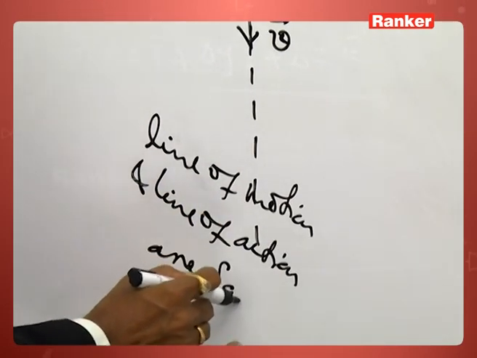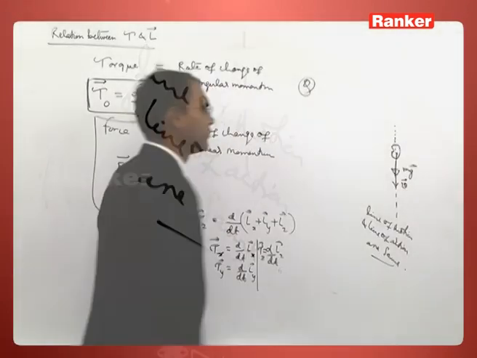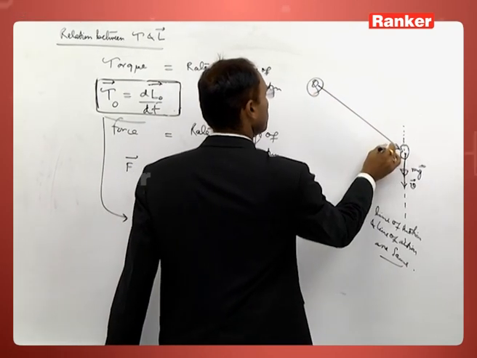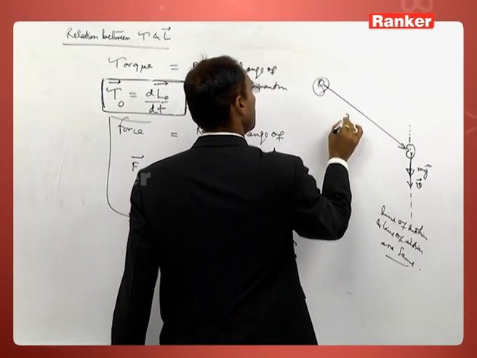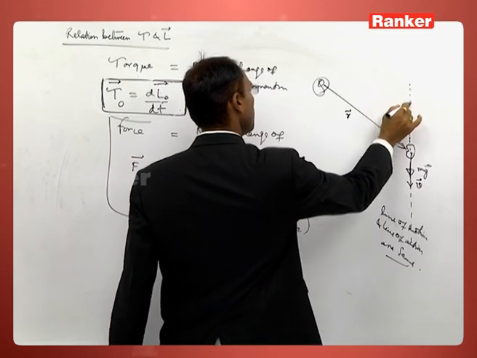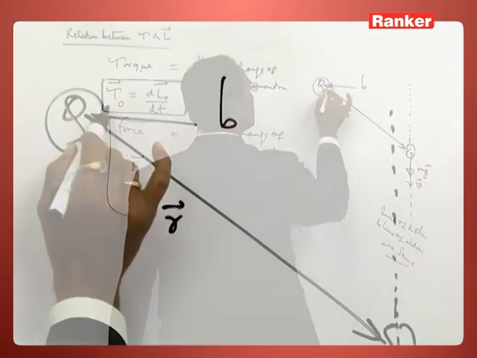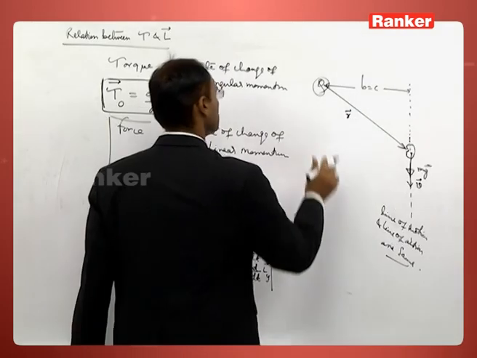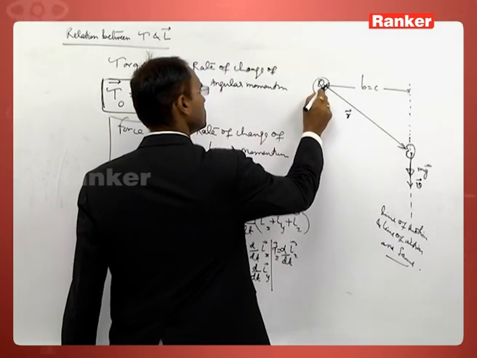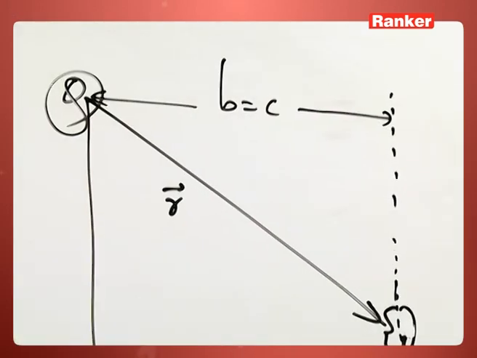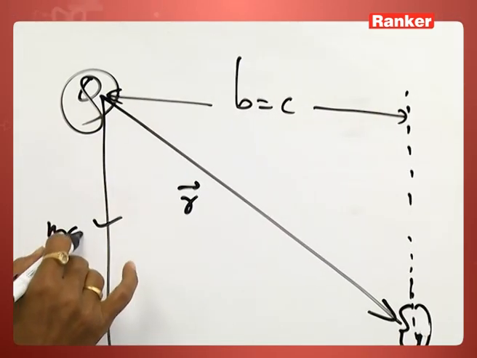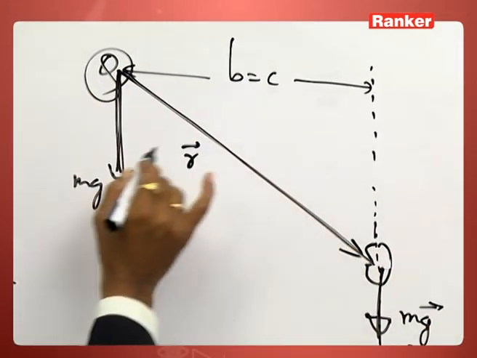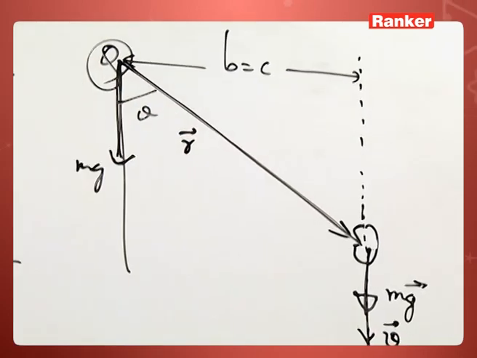Both the lines are same. This is the R vector, let its perpendicular distance be B, a constant quantity. The angle between R vector and mg vector is theta.